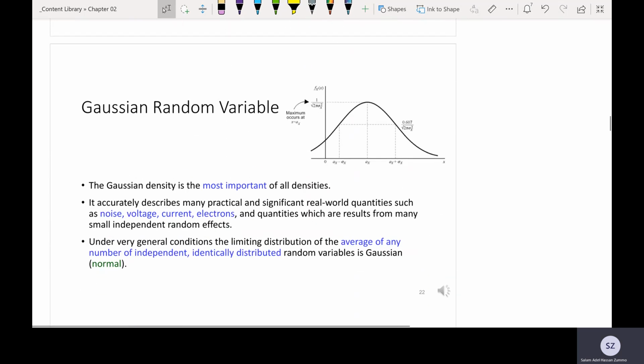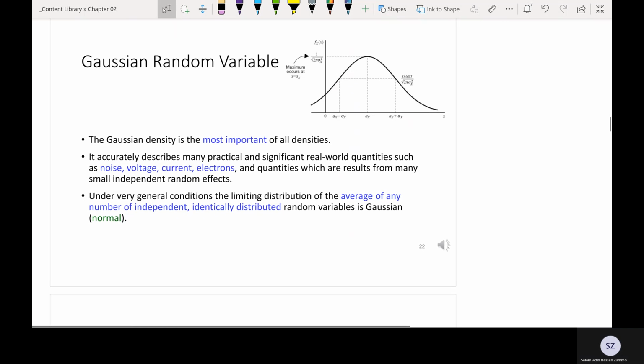What does a Gaussian distribution look like? The Gaussian density is very important. It is the most important density that you will encounter in any problem, for many reasons.